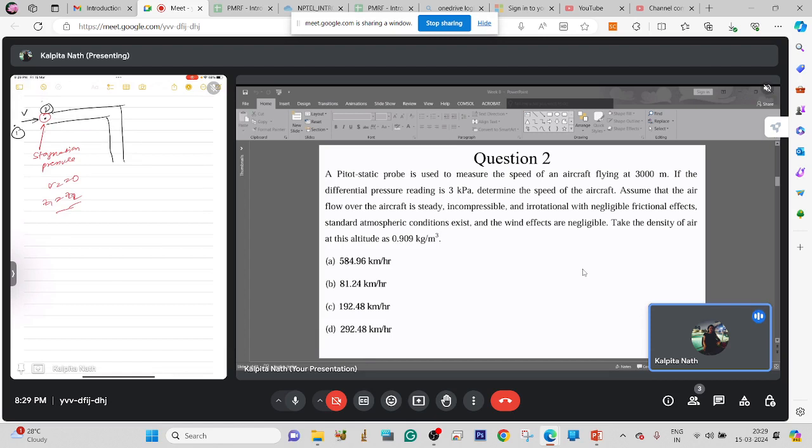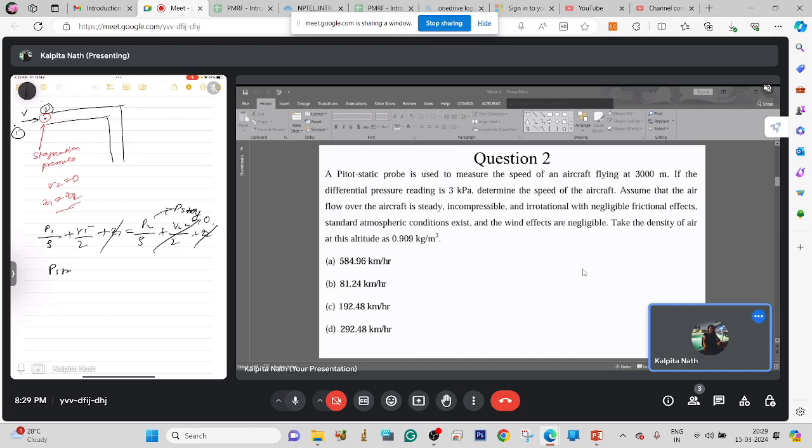Now, if we apply the Bernoulli equation between point 1 and 2, P1 by rho plus V1 square by 2 plus Z1 is equal to P2 by rho plus V2 square by 2 plus Z2. This is the stagnation pressure. This is 0 obviously because the air completely stops, right? This one cancels out.